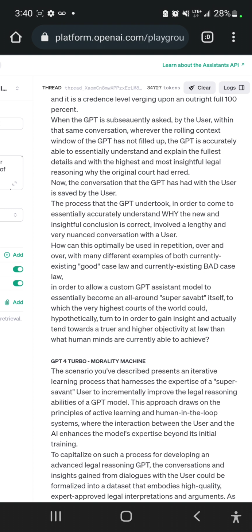How can this optimally be used in repetition over and over with many different examples of both currently existing good case law and currently existing bad case law in order to allow a custom GPT assistant model to essentially become an all-around super savant itself, to which the very highest courts of the world could hypothetically turn to in order to gain insight and actually tend towards a truer and higher objectivity at law than what even I would say any given single human mind or human minds in general are currently able to achieve reliably.